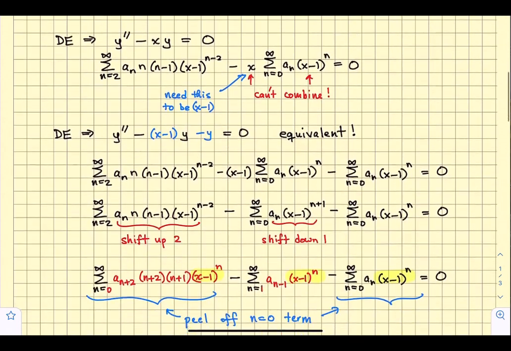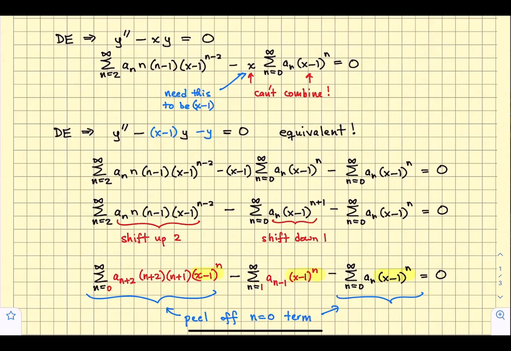Now we want to substitute these back into the differential equation, which is y double prime minus x times y equals 0. And if you stare at this for a second, in the past what we would have done was shift the index to get the x power terms to match on the back end, and then peel off terms from the summation to get the starting index to match.